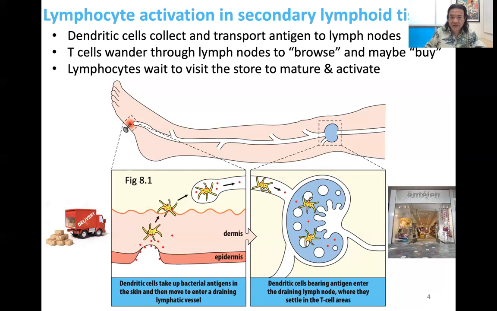So this is the function of dendritic cells. We already learned that dendritic cells are these sort of lovable immune cells that don't really have much ability to attack pathogens or other cells, right? So their job is just simply what? To go around collecting stuff so that it can present this stuff to other lymphocytes, other immune cells that might be interested in it.